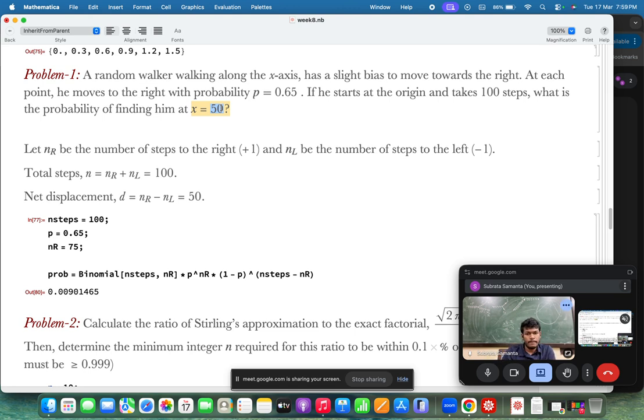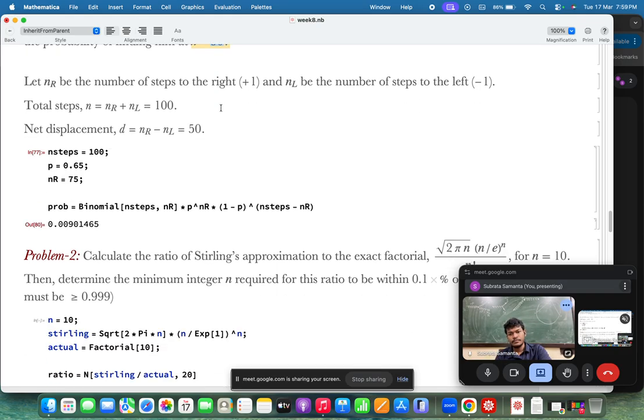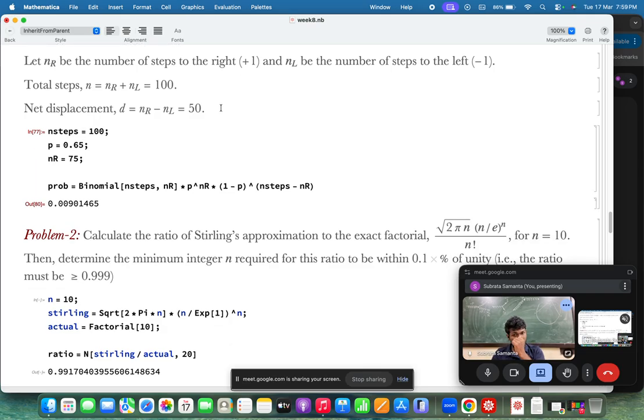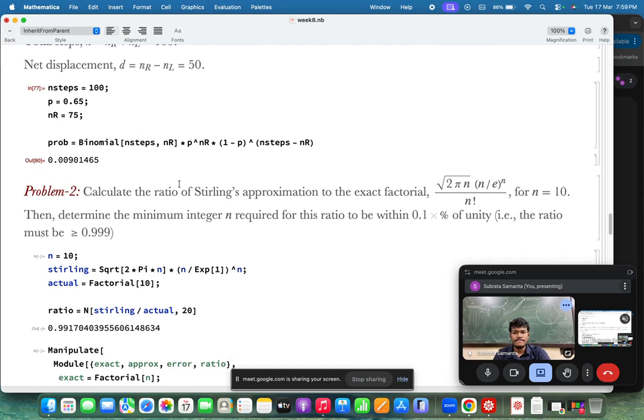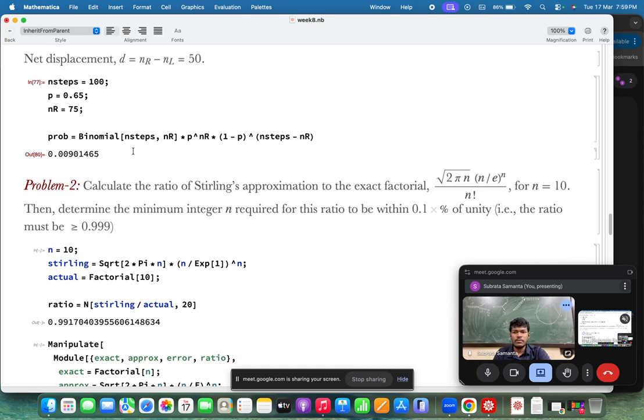Then use p to the power NR, because the probability of moving plus 1 is 0.65, and 1 minus p to the power N steps minus NR. So this is the answer.